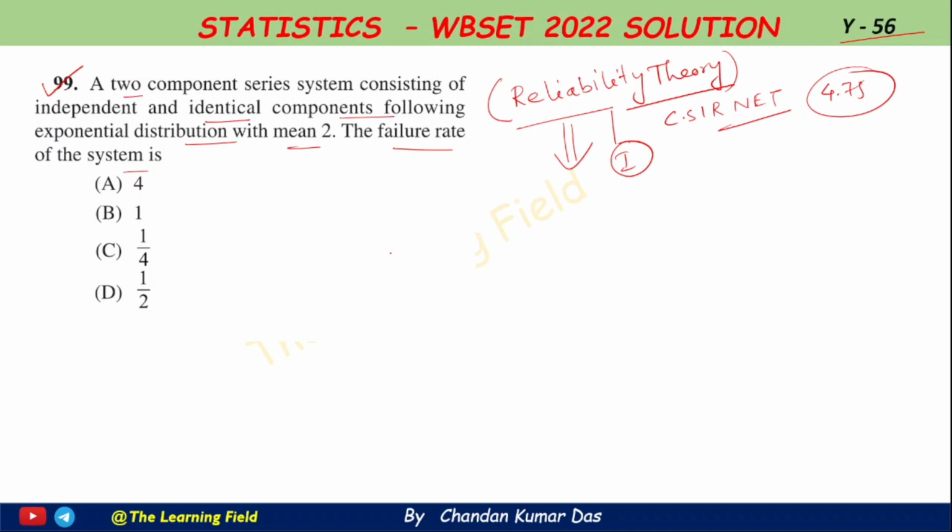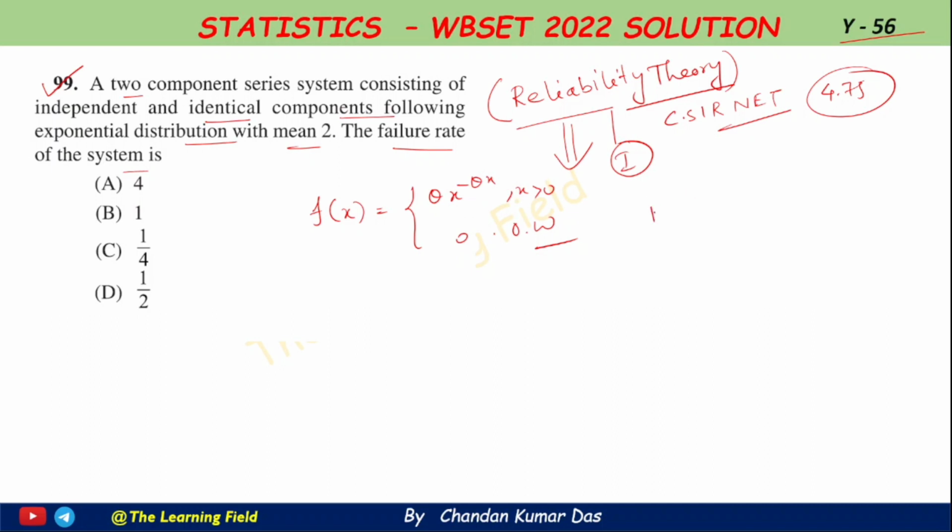So first we write the PDF of the exponential distribution. f(x) equals theta e to the power minus theta x for x greater than 0, equal to 0 otherwise. This is the density function of the exponential distribution.